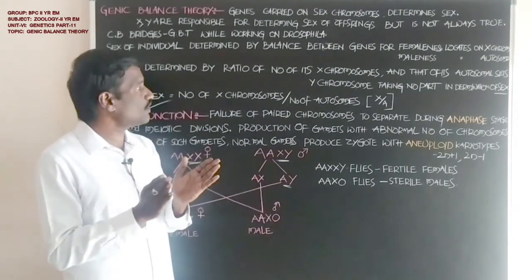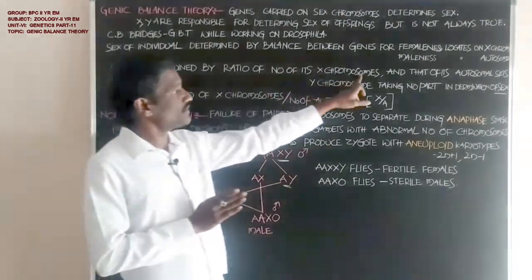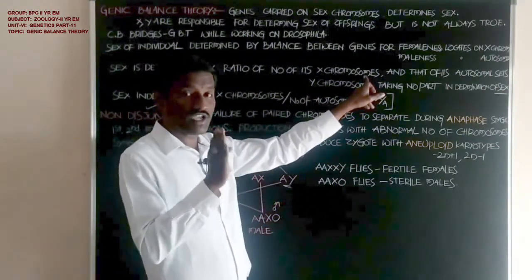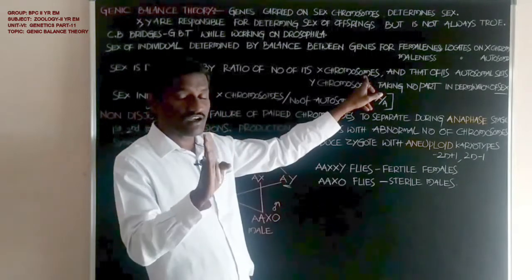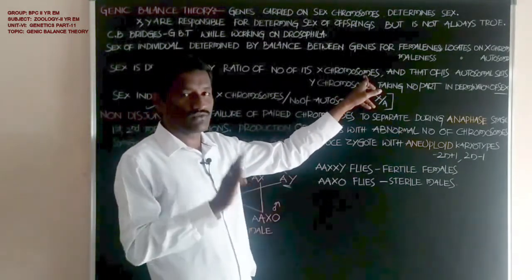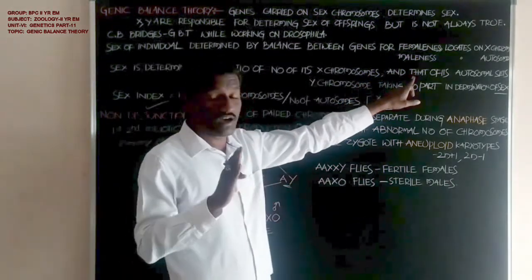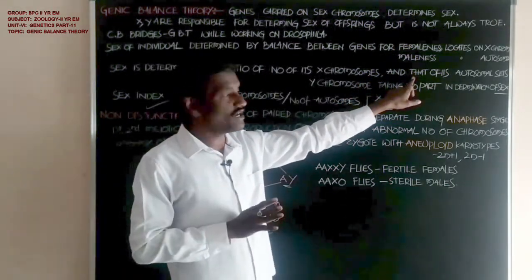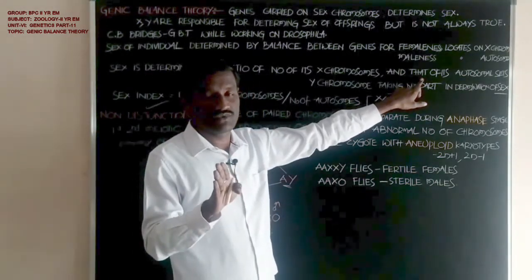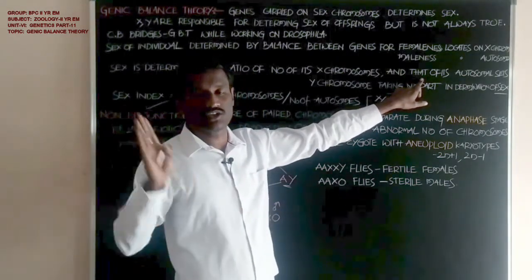This is the ratio between the number of X chromosomes present in the zygote, entering from the gametes by fertilization between two gametes, and the number of autosomal sets that enter into the zygote.